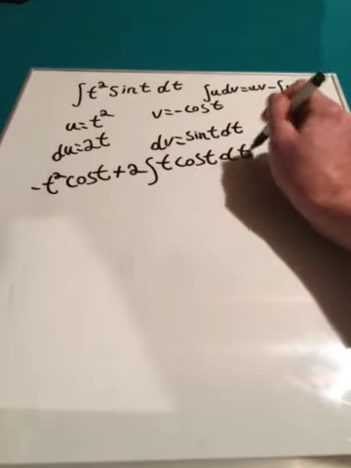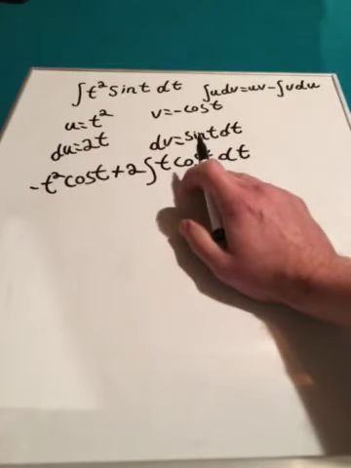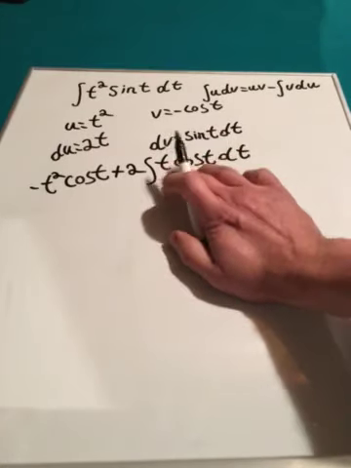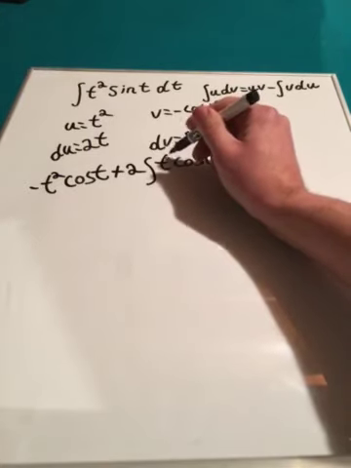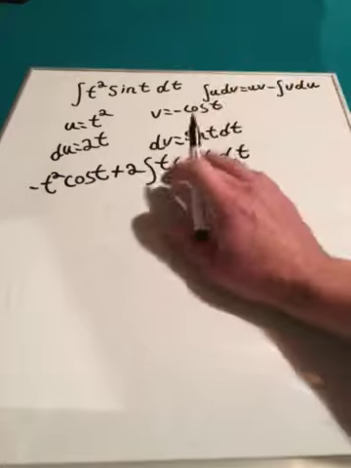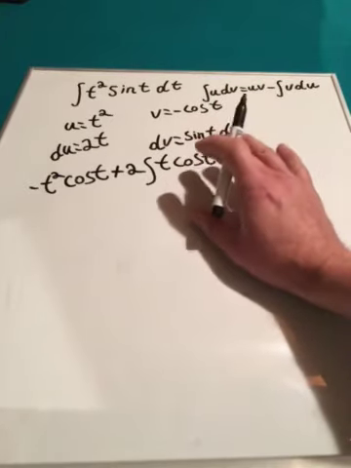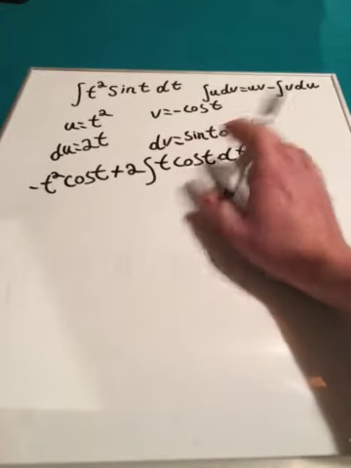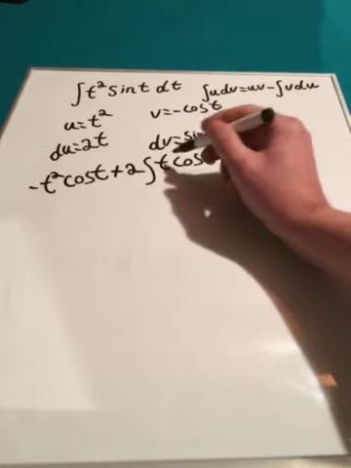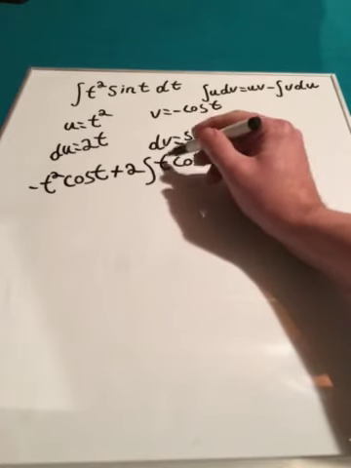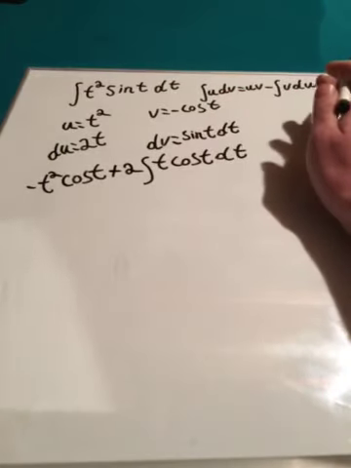Now notice that we have this new integral where once again we have the product of two things. But the degree on our t decreased. The power went down from a 2 to a 1. So if we just apply integration by parts one more time the exact same way, the derivative of t is just going to be 1 dt.